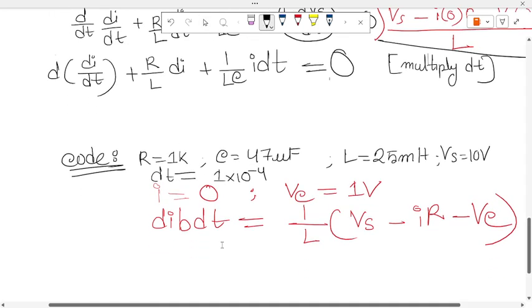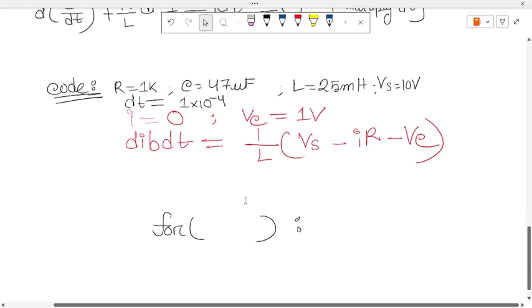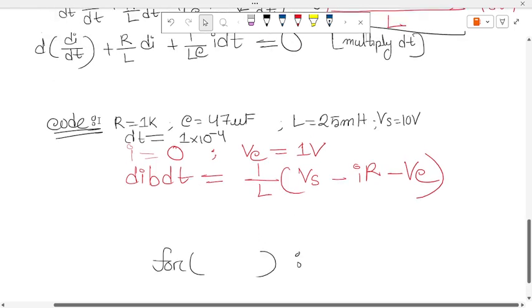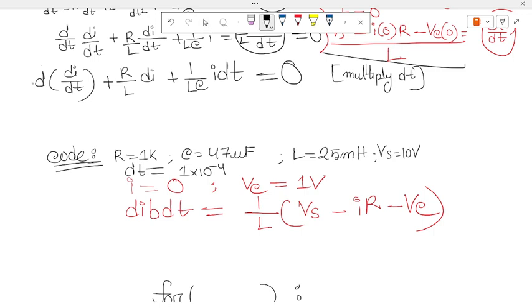And now inside the for loop, what is this? di by dt, and in front it is d, so it is a small change in di by dt, right?